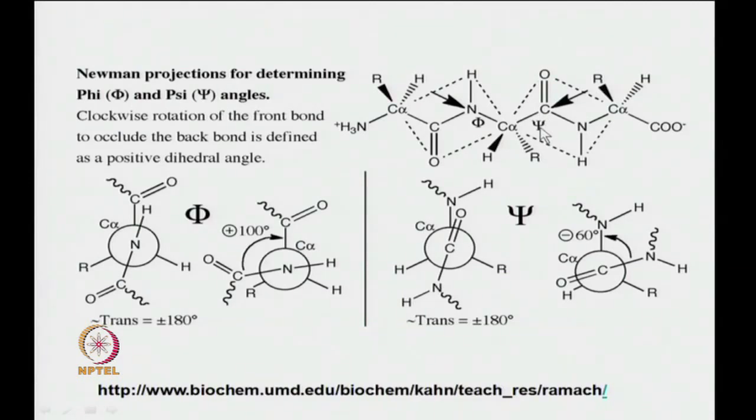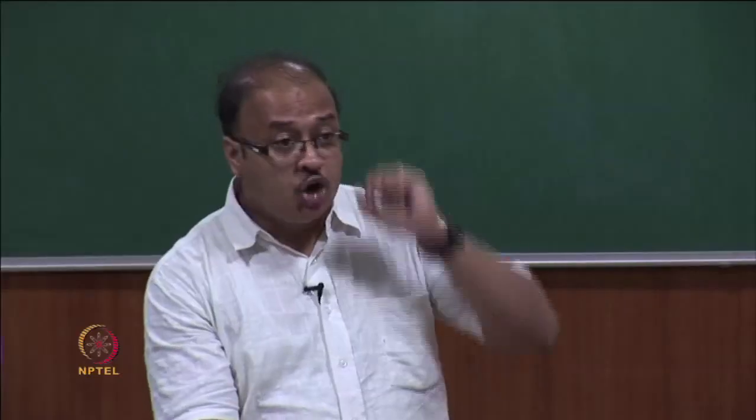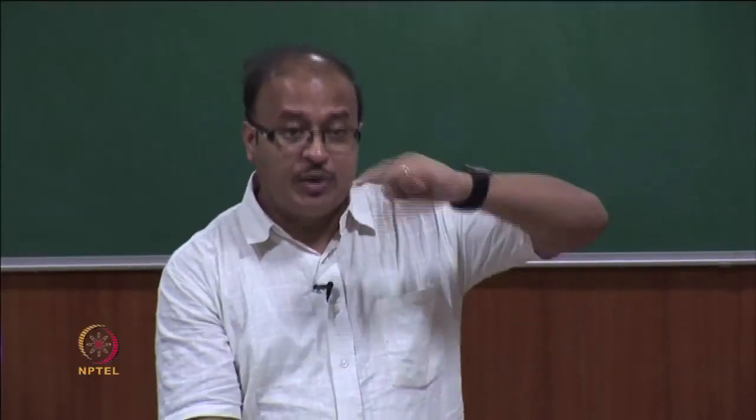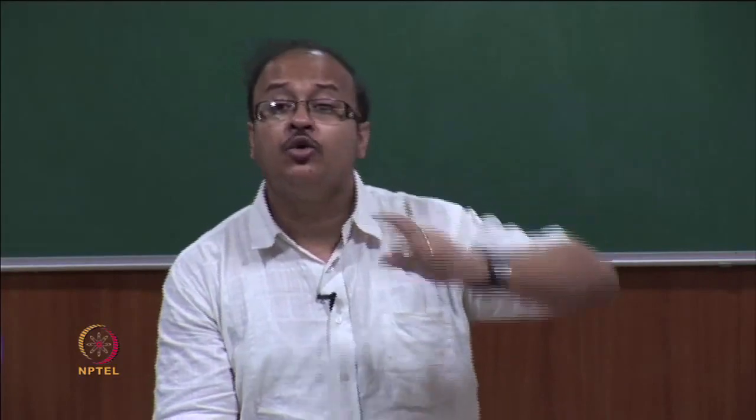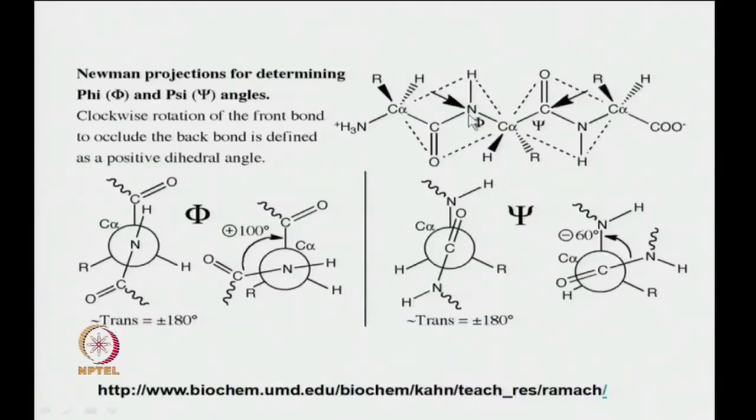Now, how would you look at it? If you have a chemistry background, you will recognize the term Newman projection. So, when you are trying to project it, how do we look at these bonds around which we are rotating? If we look at this phi angle, we look at the N C alpha bond, that means the C alpha stays at the back, and here we have the N out front. Okay.